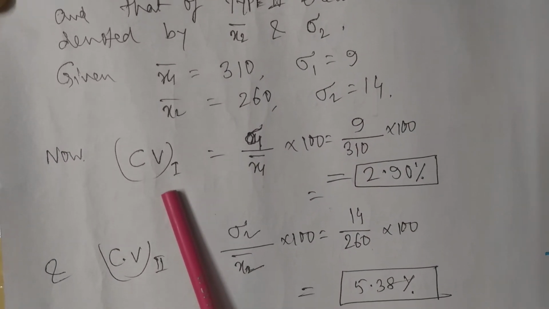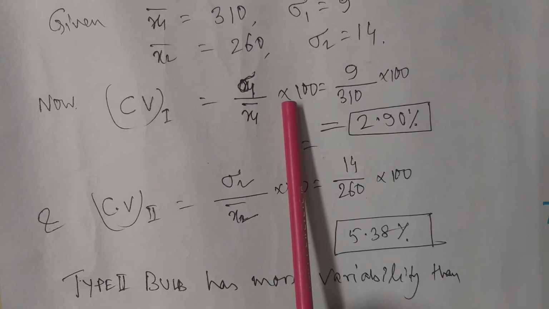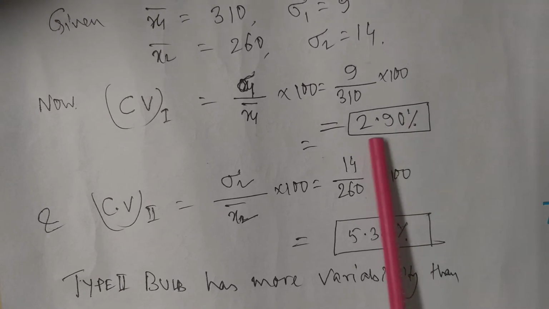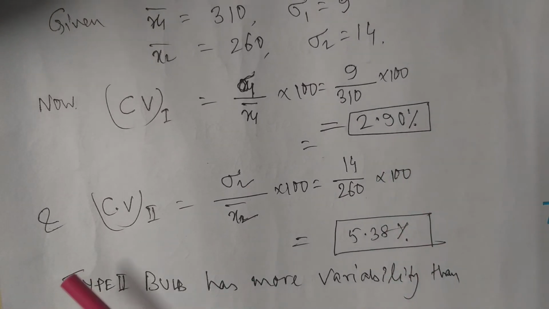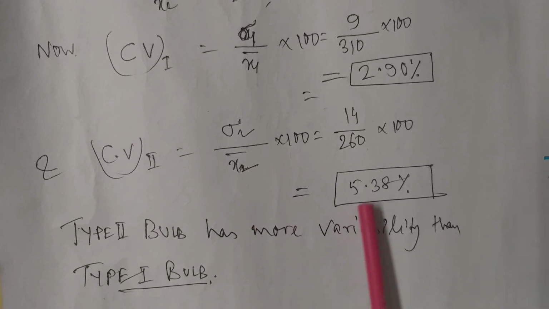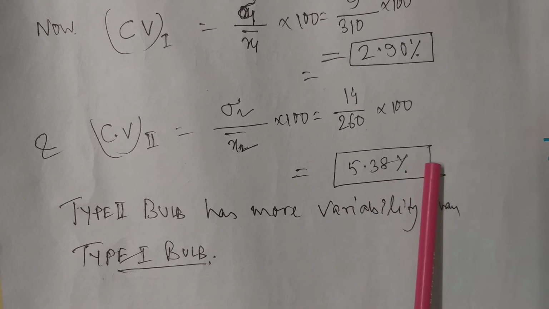Now, to measure CV, we use SD by mean into 100, that is sigma 1 by x1 bar into 100, that is 9 by 310 into 100, that is equal to 2.90%, and CV2 is sigma 2 by x2 bar into 100, that is 14 by 260 into 100, that is 5.38%.